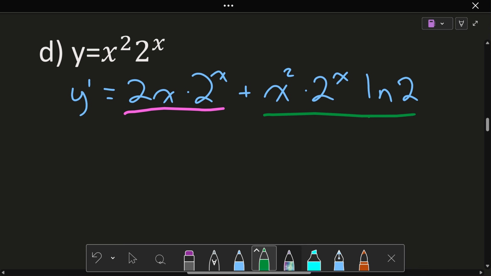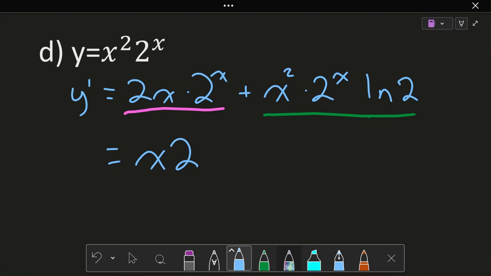So you can see they both have a 2 to the power of x, and they both have an x I can take out. So I can simplify this down by taking out an x, 2 to the x, and then what would be left over in the first one is a 2, and in the second one an x ln 2. So that's just common factoring out.